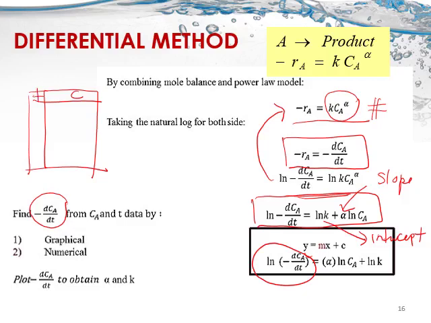That is not dCA over dt, so you need to further analyze this data. There are two methods, graphical or numerical. Once you determine your negative dCA over dt, you may plot the graph to obtain alpha and k.